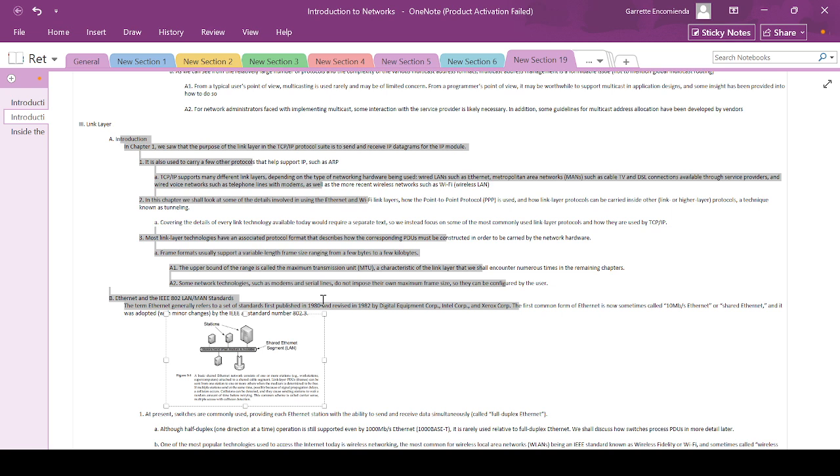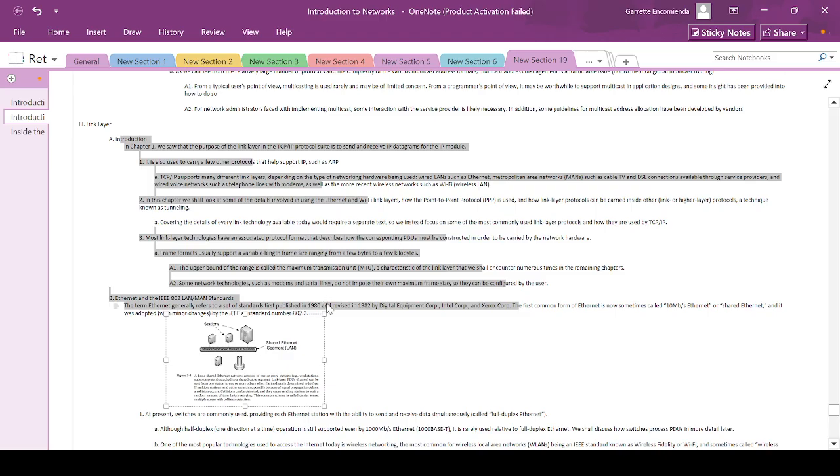It is also used to carry a few other protocols that help support IP, such as ARP. So aside from supporting the IP module, the link layer also supports protocols such as ARP. This is where ARP is located.